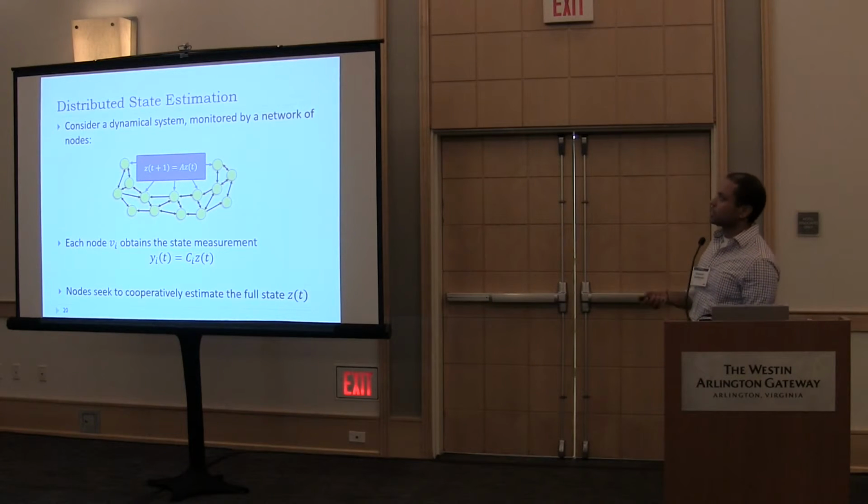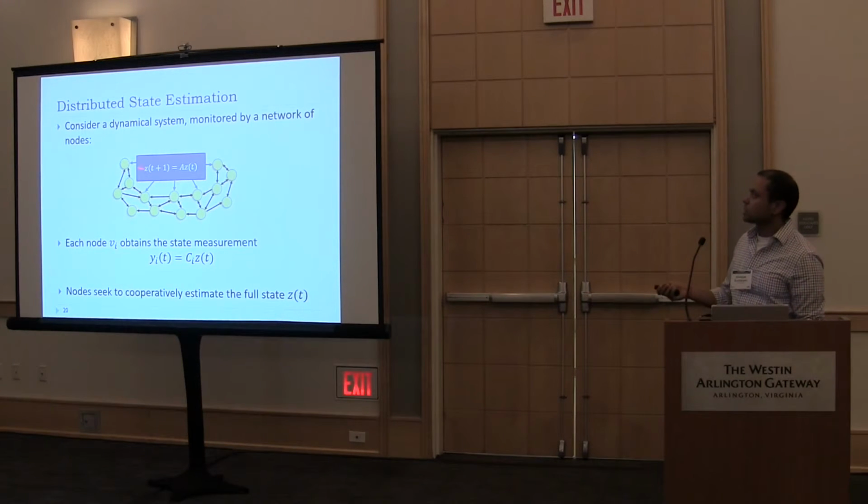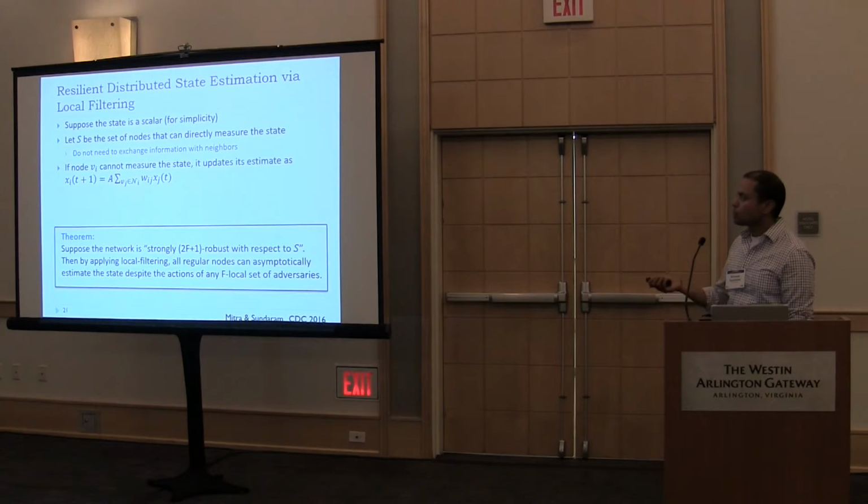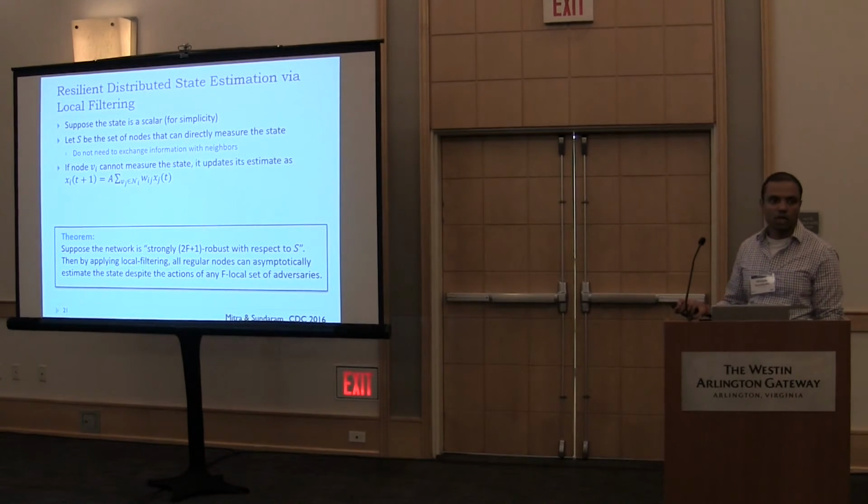Similarly, just to illustrate, you can apply these in a variety of different situations. Distributed state estimation: you've got some underlying system, you've got a bunch of nodes that are each measuring parts of this system, and the nodes want to cooperatively estimate the full state of the system. So you can do something very similar. Just to illustrate, for simplicity, let's suppose that the state is a scalar. Then there are certain nodes that can directly measure the state. They don't have to exchange information with anybody else.